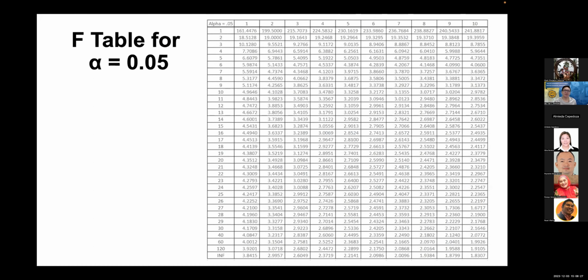Thank you, Doc Tim. To proceed, we were able to calculate our degrees of freedom for the numerator, which is 2, and for the denominator, which is 87. But the problem is that there is no value in the table specifically for 87.